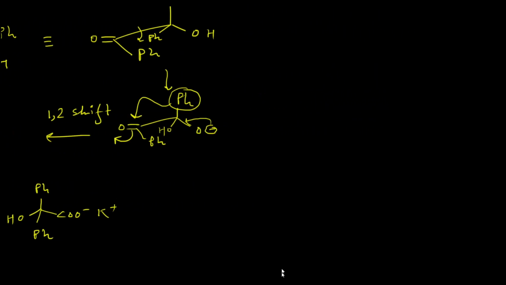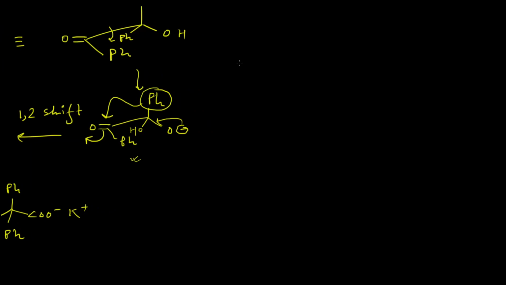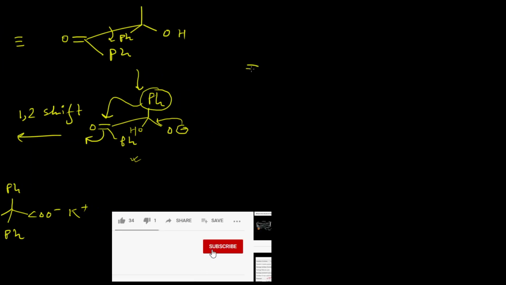So now if we look carefully at this 1,2 shift and consider its detailed mechanism, then the migration actually takes place like this.